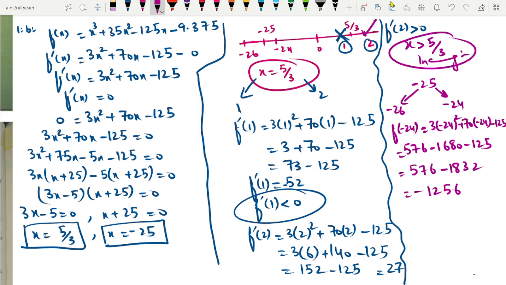So this is less than 0. So f prime of minus 24 is less than 0. So here the function is decreasing.